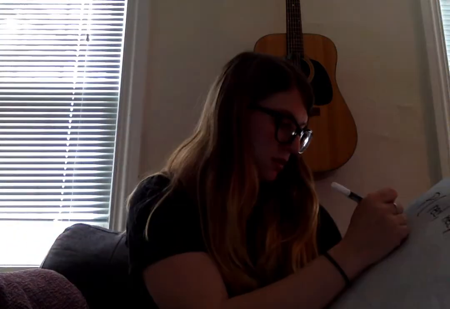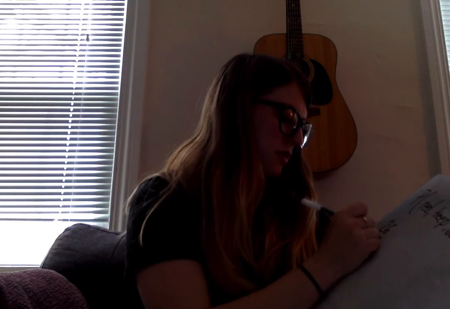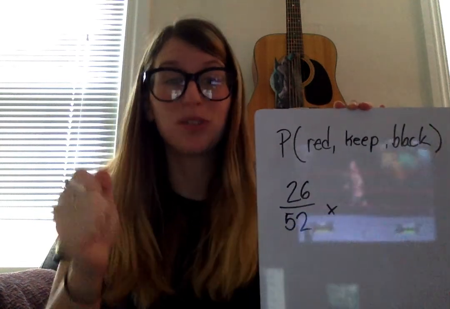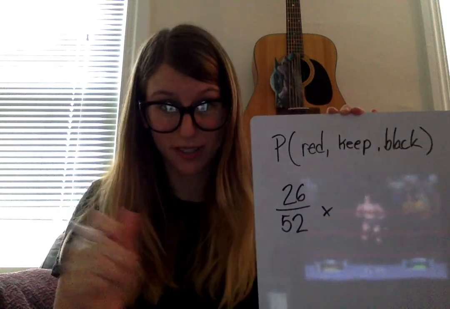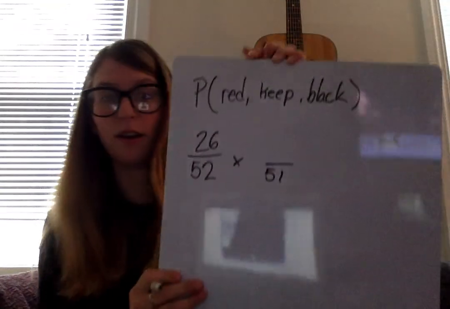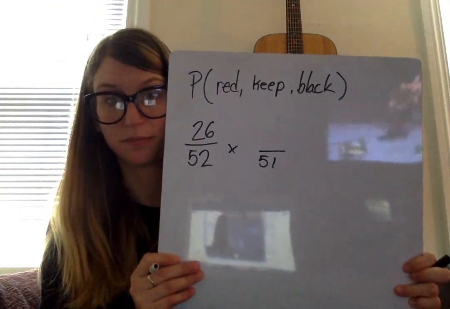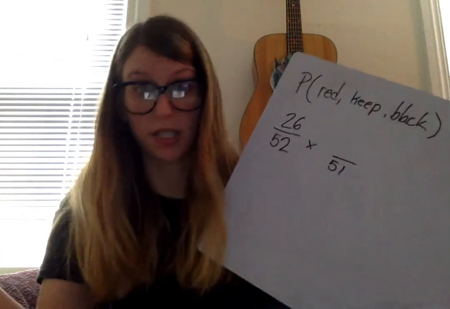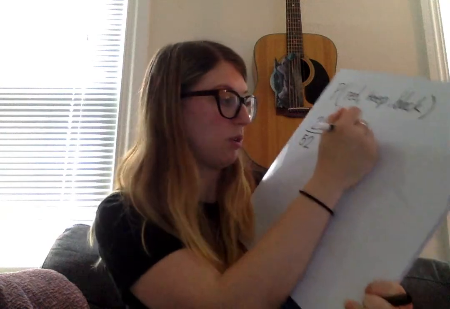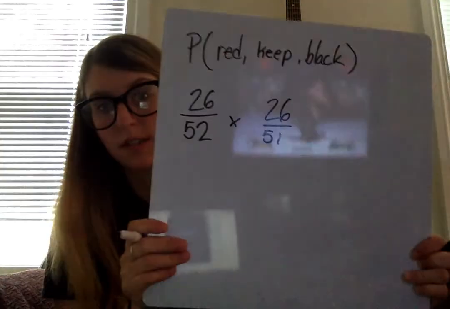Again, 26 out of 52 of the cards are red. But now, because I kept my red card, I do not have 52 cards. I have 51 cards. The number of black cards doesn't change, though, because I didn't pick out a black card. I just picked out a red card, so it's still 26.